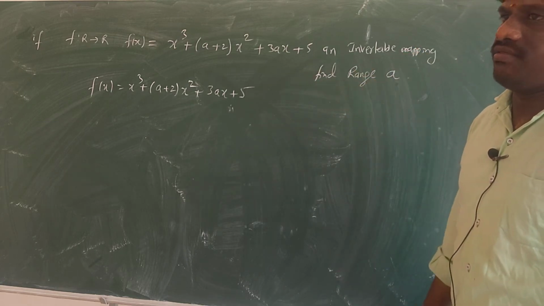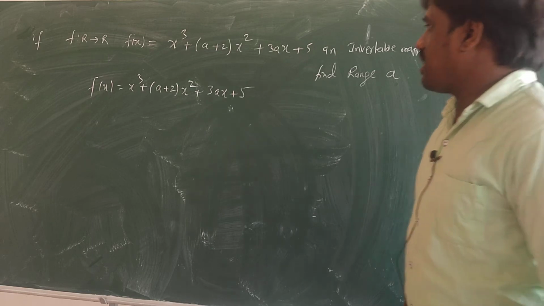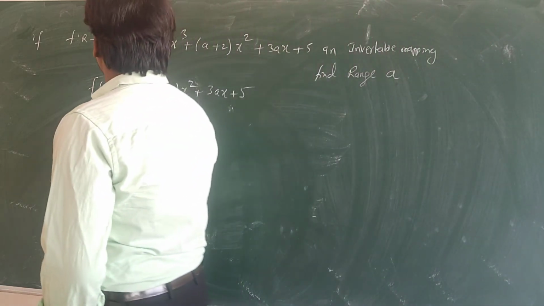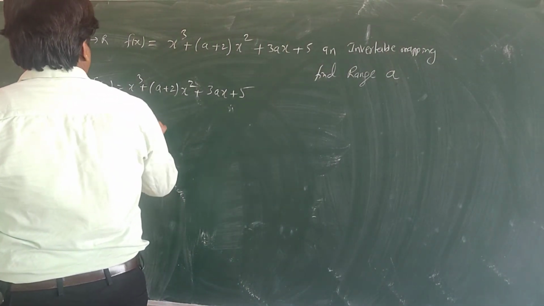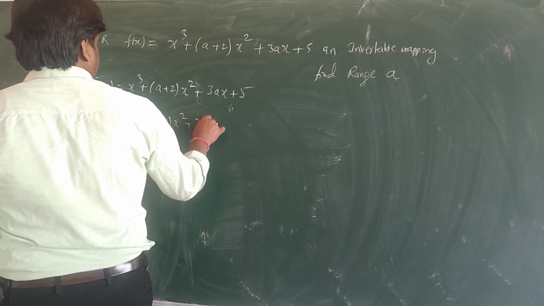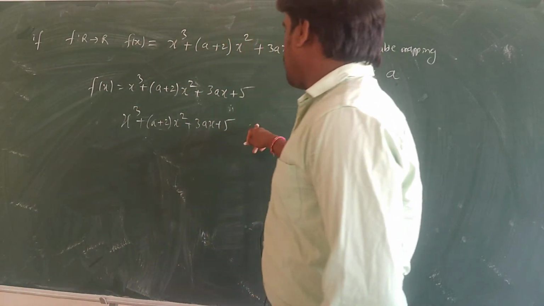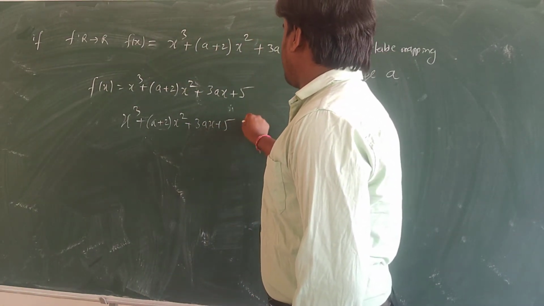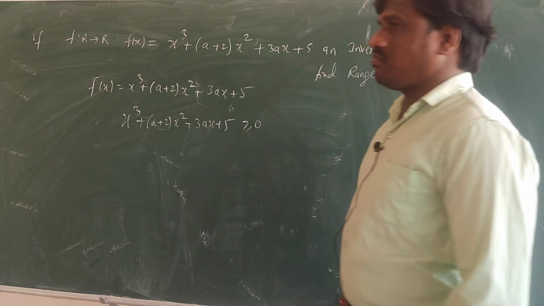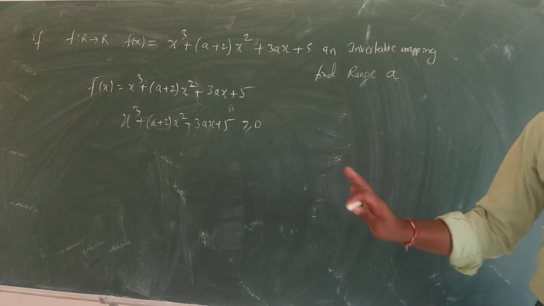What will be the range of A? The first condition, can I take x cube plus a plus 2 times x square plus 3ax plus 5 greater than or equal to 0? Can I take this or not? Tell me.